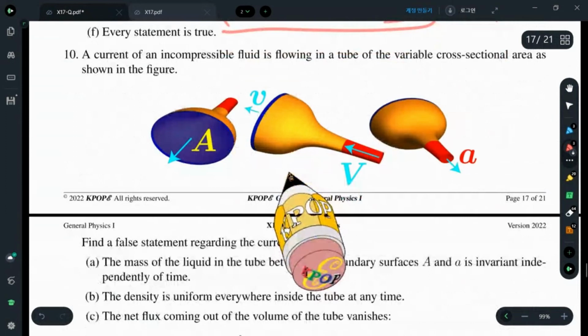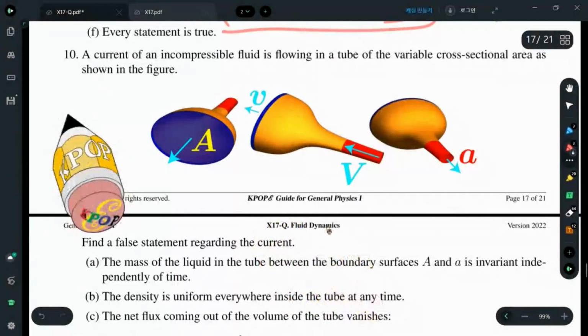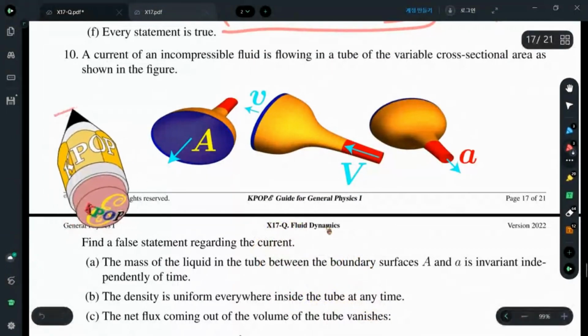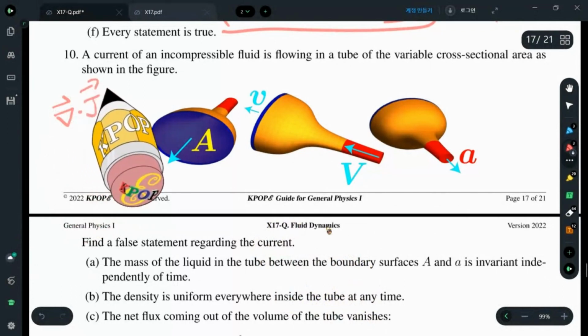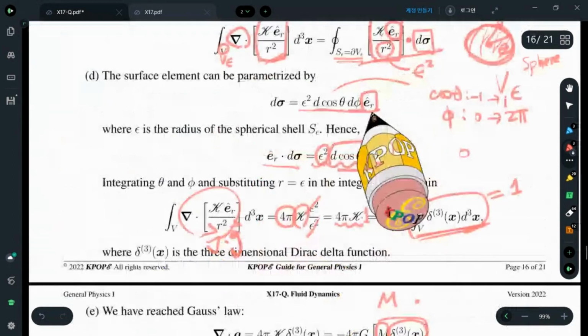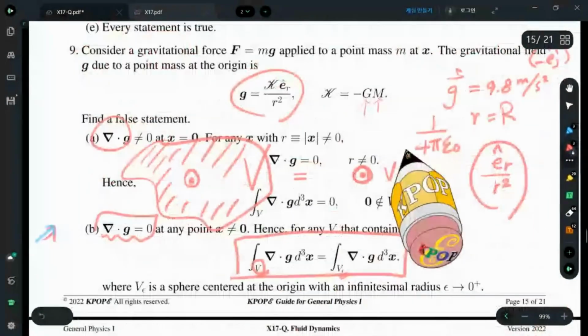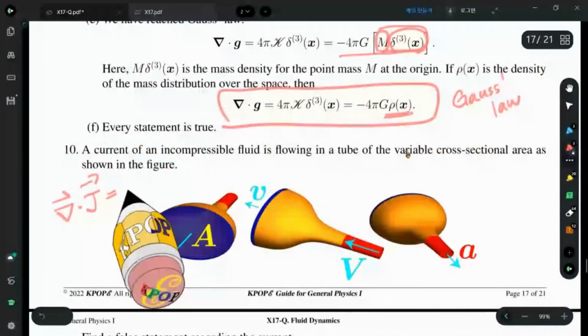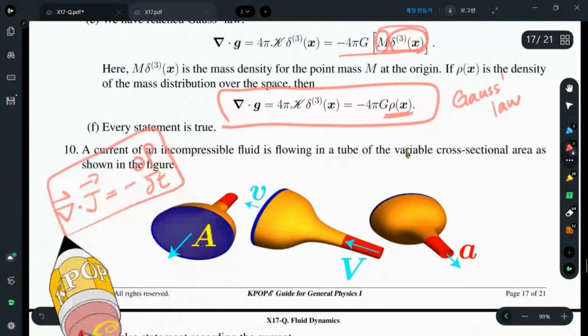Now, the remaining pieces are trivial. Continuity equation, divergence J, continuity equation here. This is the most general case.